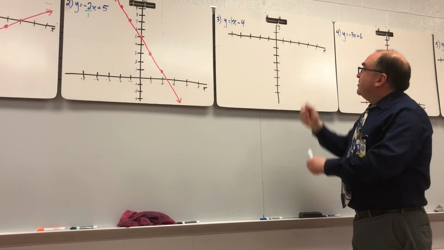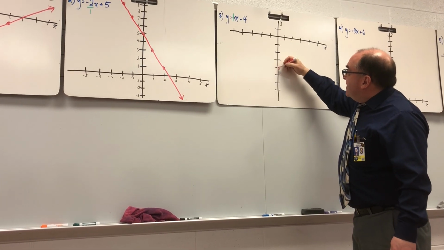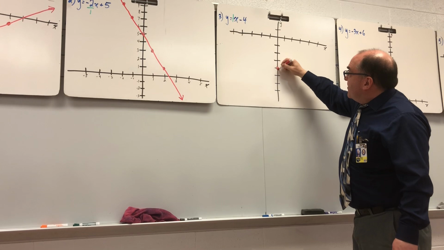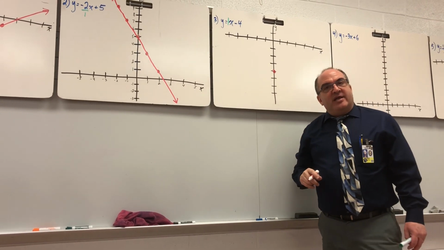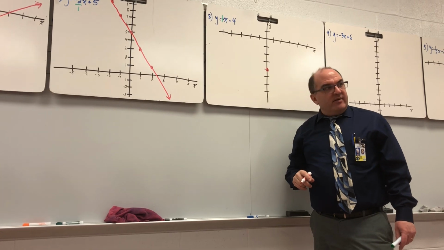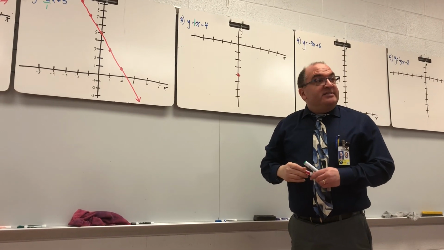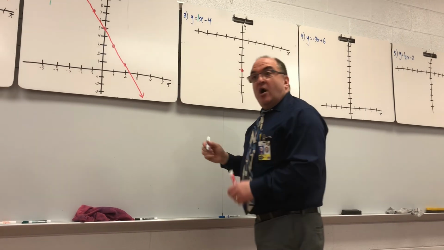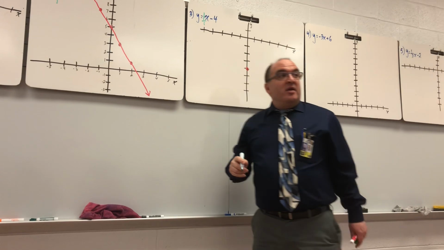So I'm going to go down 1, 2, 3, 4, and put a big fat dot on -4. Always on the what axis? On the y-axis. Thank you, Dakari. Very good. Now, 1 is the same as 1 over what? 1, right?